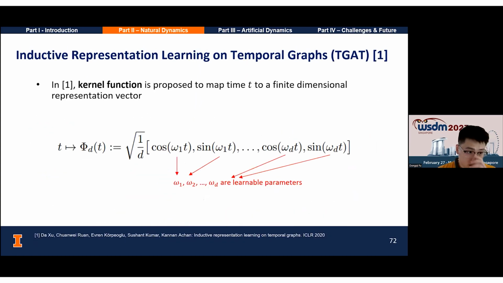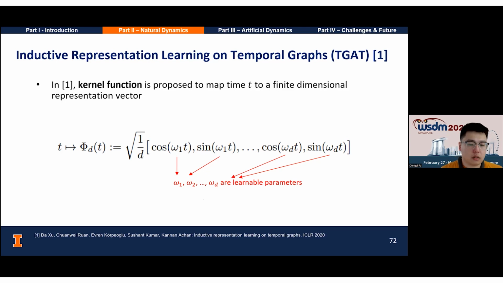Inductive representation learning means that, based on the heuristic and the previous representation learning process at past time steps, we can deal with newly inserted nodes by collecting from the previous node representations and obtaining it, if it just connects with several nodes at the current time step. So this is the philosophy of inductive representation learning in this specific work.